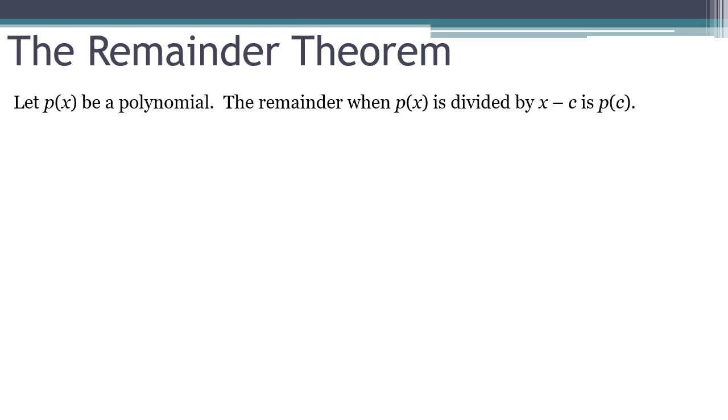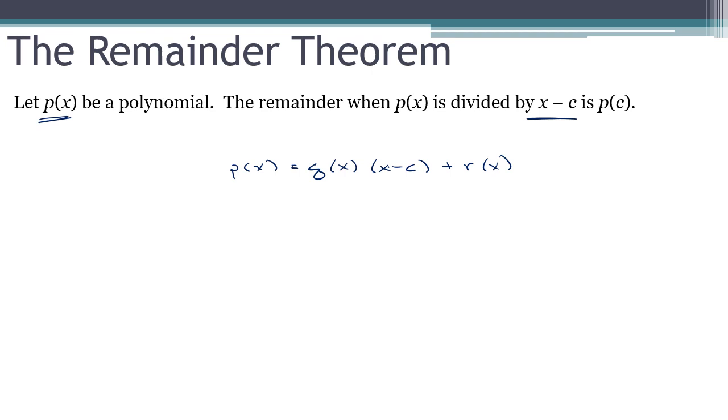Right, so here's what we're going to do. We're going to use the division algorithm. The division algorithm says if I divide p of x by x minus c, then there have to be polynomials q and r such that p of x equals q of x times x minus c, that's the thing I'm dividing by here, plus r of x.